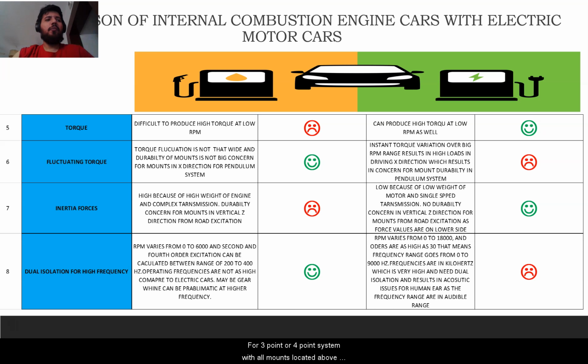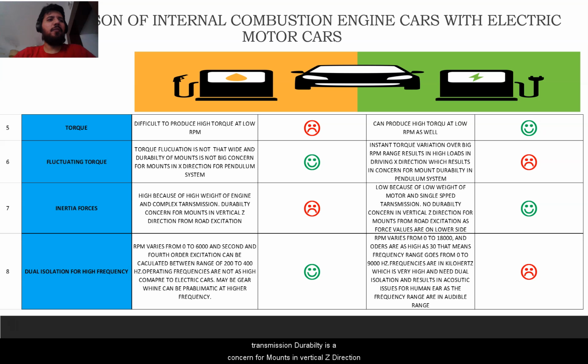For a 3-point or 4-point system with all mounts located above COG, this variable torque load can be split into two components in X and Z direction. So with a 3-point or 4-point system, we can design mounts more simply. Inertia forces for petrol and diesel vehicles are high because of the large weight of the engine and complex transmission.